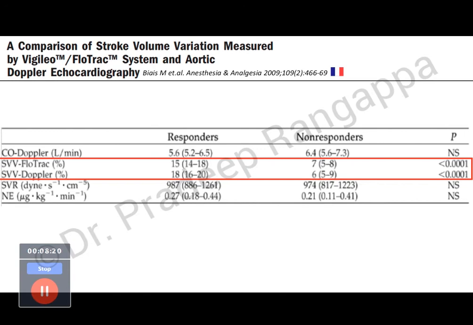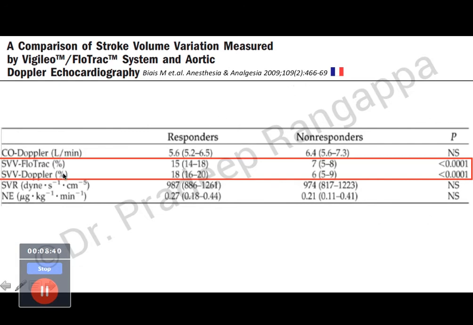Okay, so let's look into the head-to-head studies which have compared the stroke volume variation done by these cardiac output monitors with the LVOT-VTI or stroke volume determined by echo. This study came from the French group in 2009.